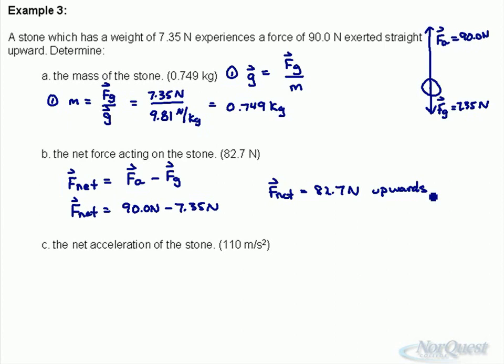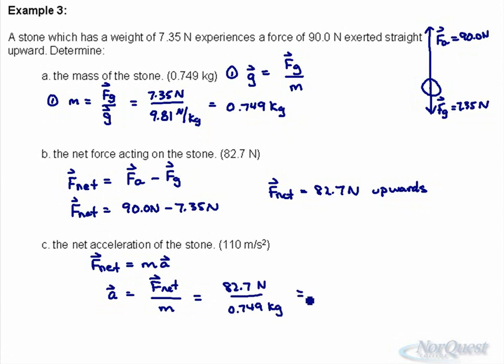And again, if we go back to the formula we used in example 1 and 2, we also know that F net can be equal to mass times acceleration. So acceleration will be equal to F net divided by mass. Put your numbers in. 82.7 newtons divided by 0.749 kilograms.